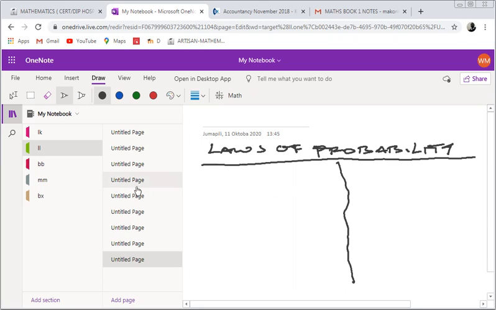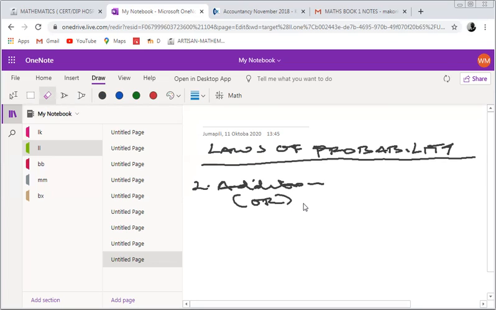Probability has two laws. We have the addition law, also known as the OR law, and the multiplication law, which is also known as the AND law.